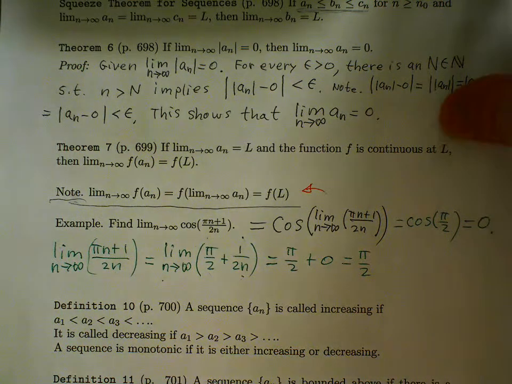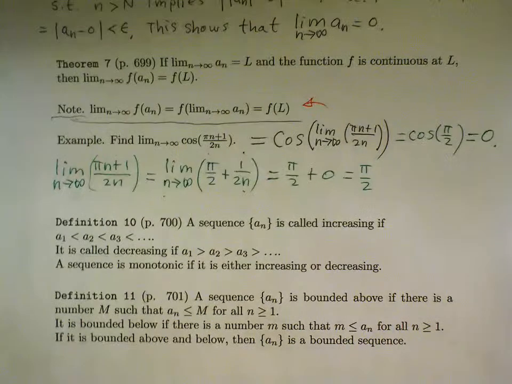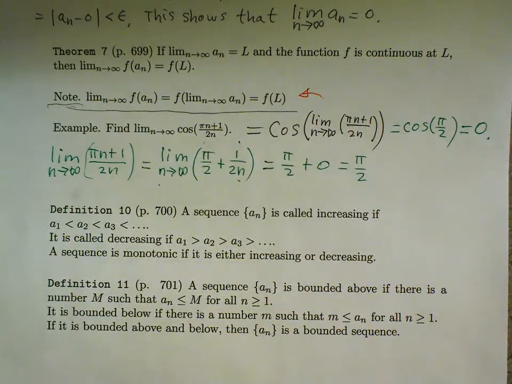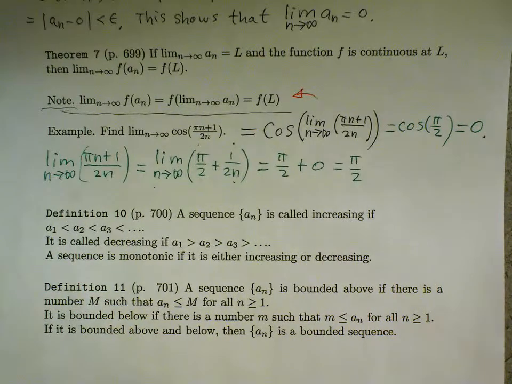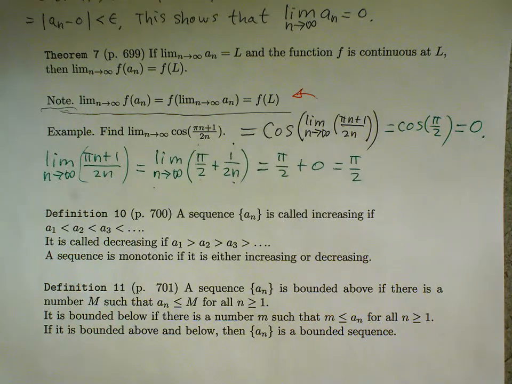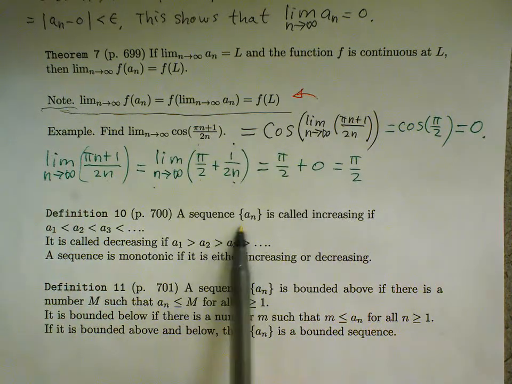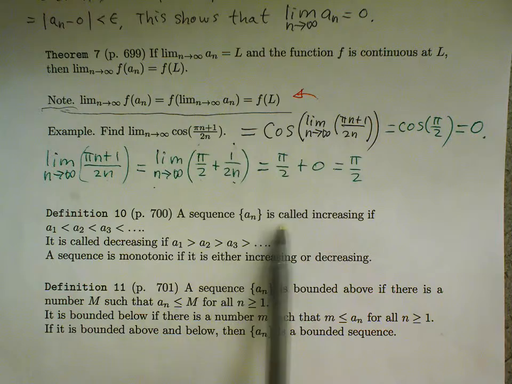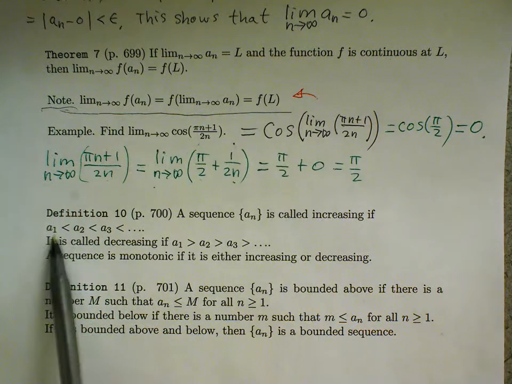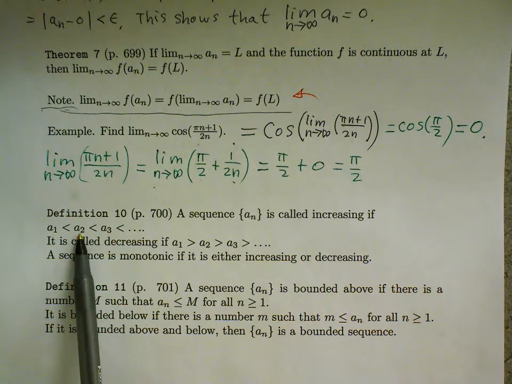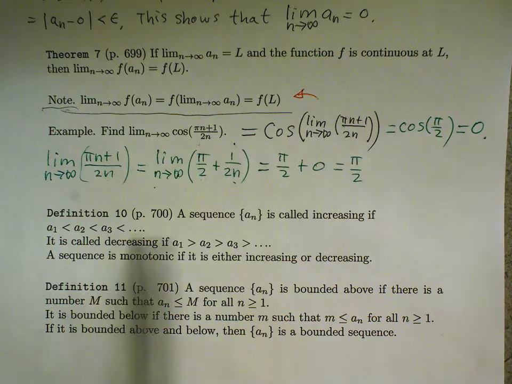Okay, now we'll move on to the next definition. A sequence of a sub n terms is called increasing for obvious reasons. If a sub 1 is less than a sub 2, which is less than a sub 3, and so on.